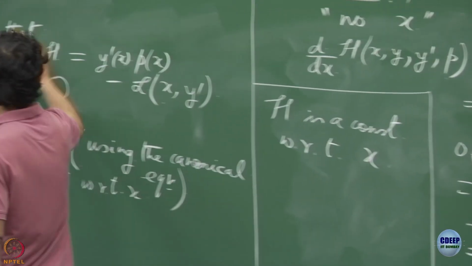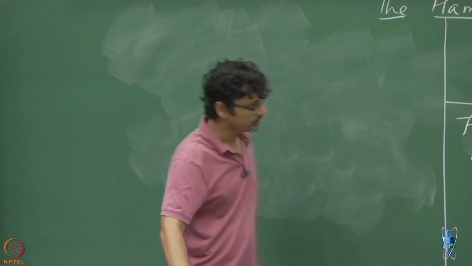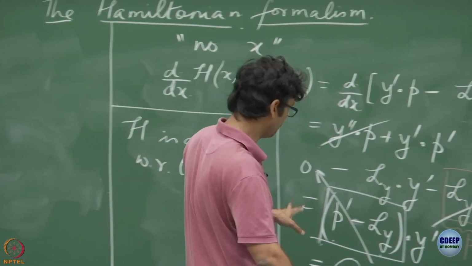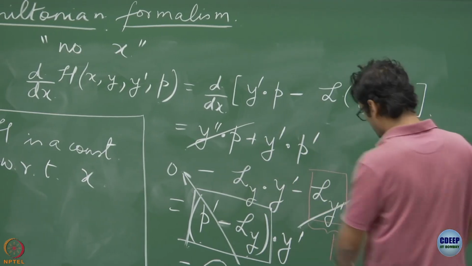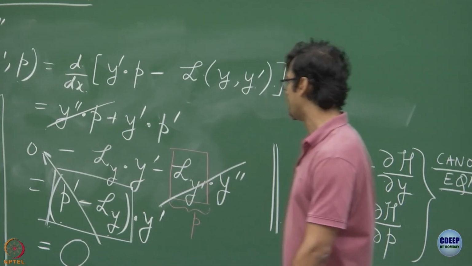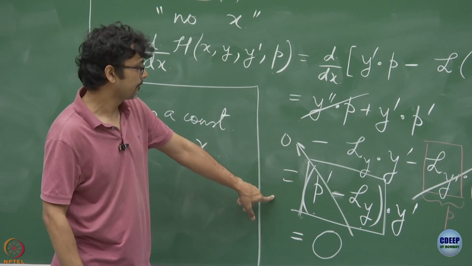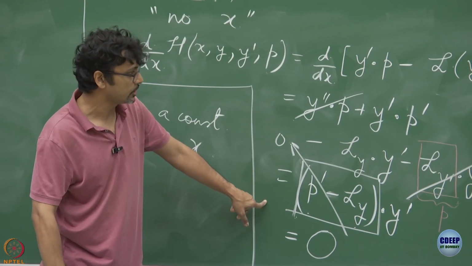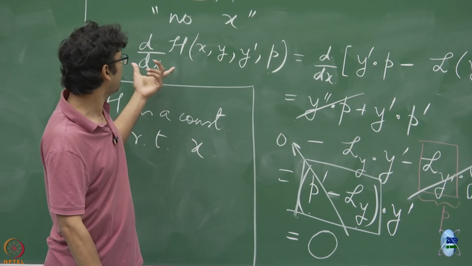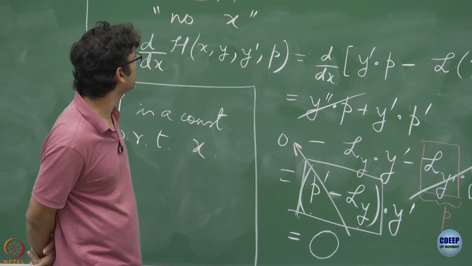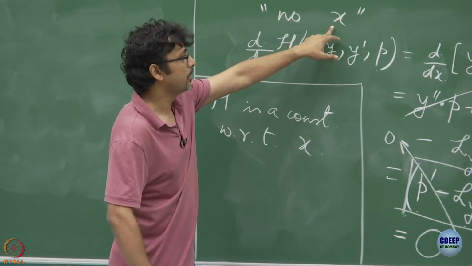Okay, great. In fact, if you look at this whole thing as a situation here, in deriving this whole expression, this condition that dH/dx is equal to 0, where did this no x play a role?